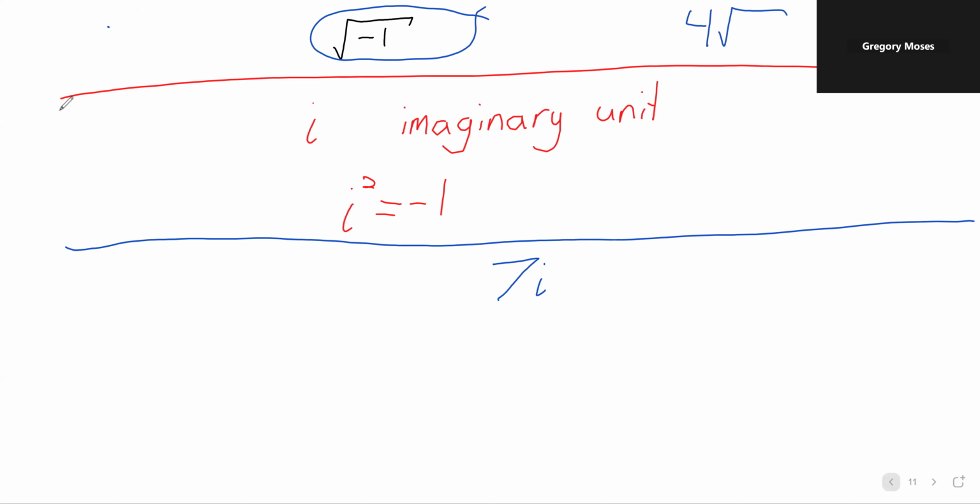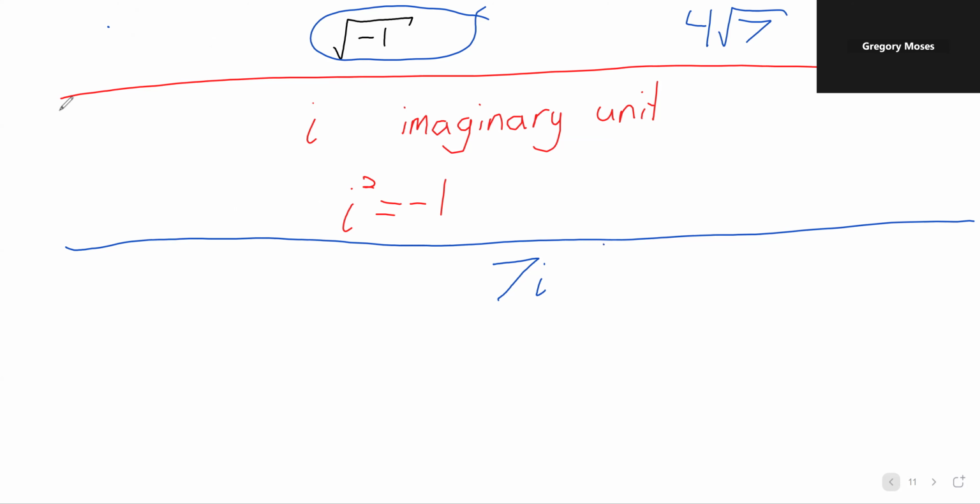We might write 4 times the square root of 7, and other than reaching for a calculator and getting a decimal approximation, we can't really simplify this. Similarly, 7 times the square root of -1. We can't simplify that.